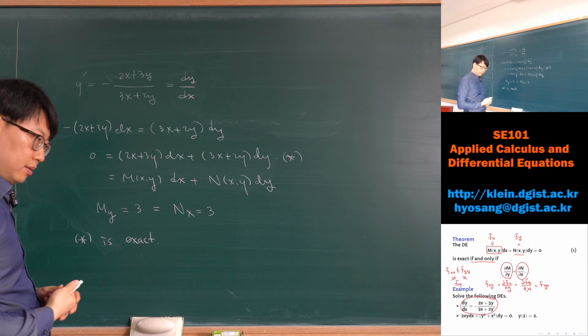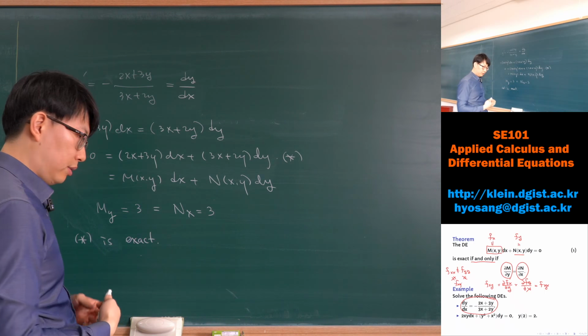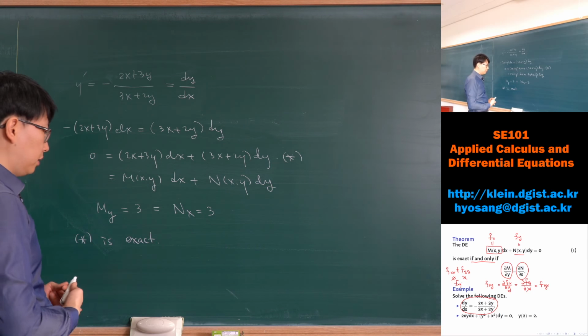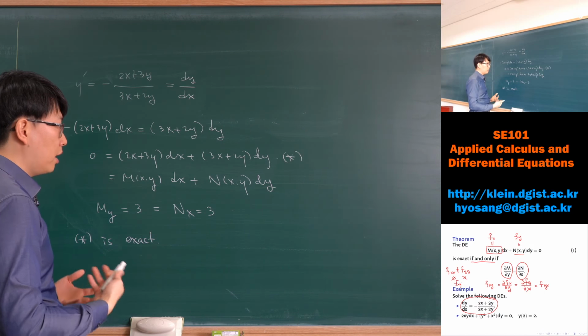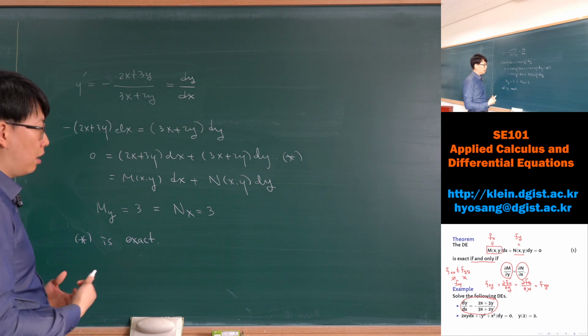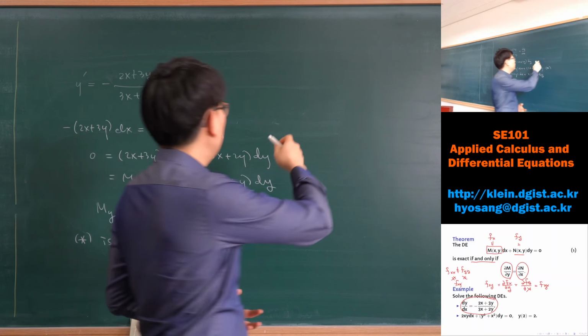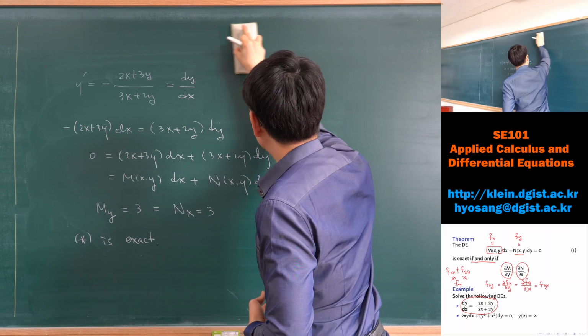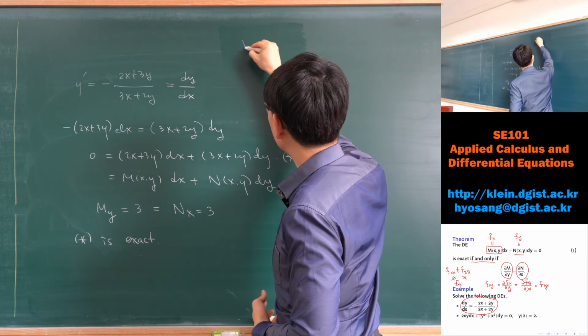Finding a solution is almost trial and error, but once you know that this is exact, the trial and error method is not that hard, because we want to find a two-variable function f.